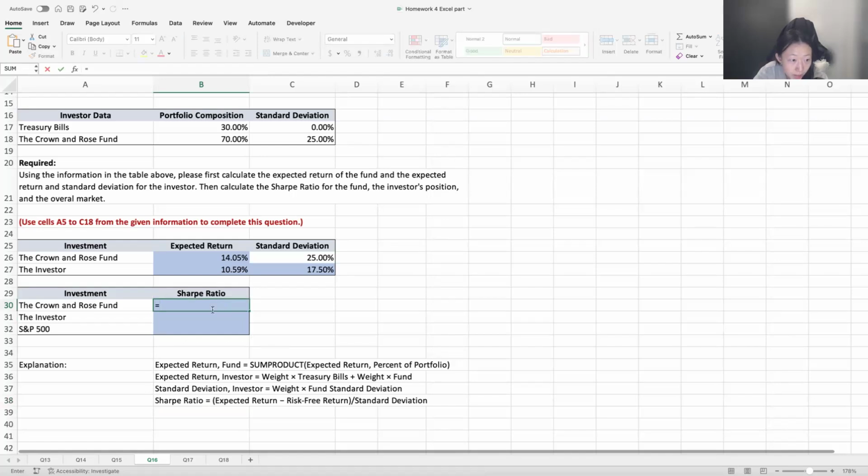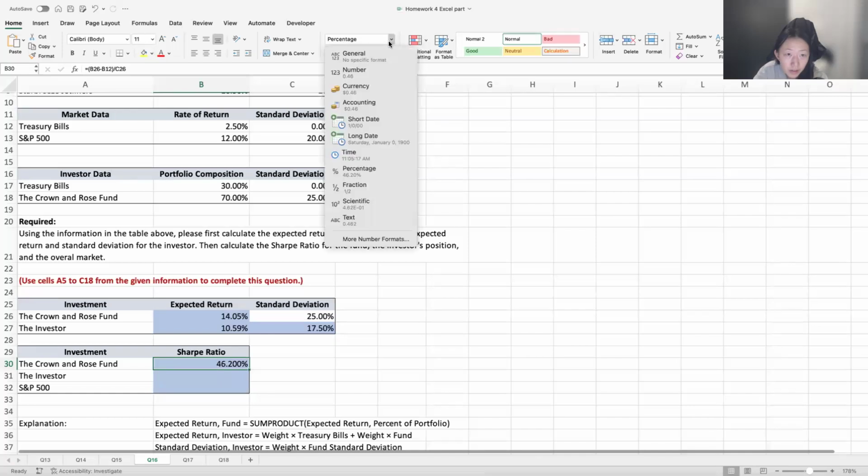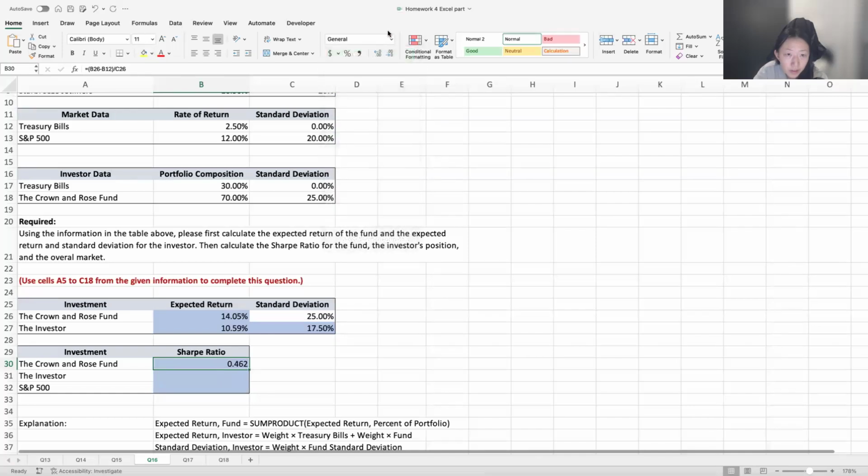So we need return here minus the risk-free rate here, put a bracket here, divided by the standard deviation of the risky portfolio, showing it with a decimal point, not in percentage.